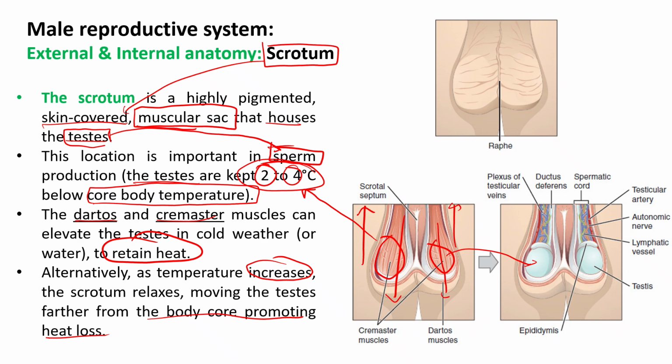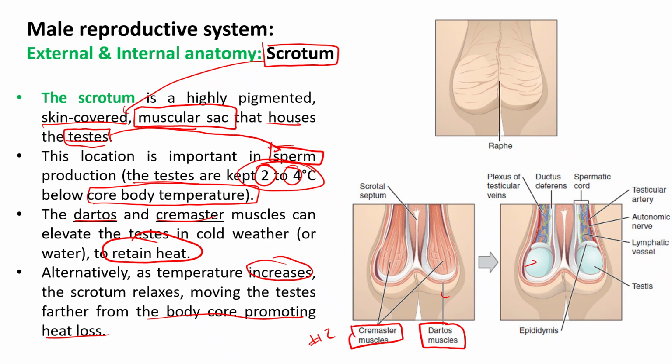Now, important here in this picture is that it illustrates those muscles. We have here the dartos muscle and the cremaster muscles. It's very important for you to recognize that there are two cremaster muscles. Each cremaster muscle is involved with the control of each testicle. While, if you look closely, the dartos muscle is a single muscle that wraps the entire scrotum.